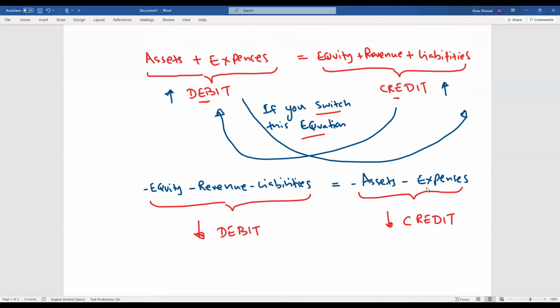So it's a decrease in these account categories. That will be a debit entry, and a decrease in assets or expenses will be a credit entry. So this is the basic accounting rule of debit and credit.